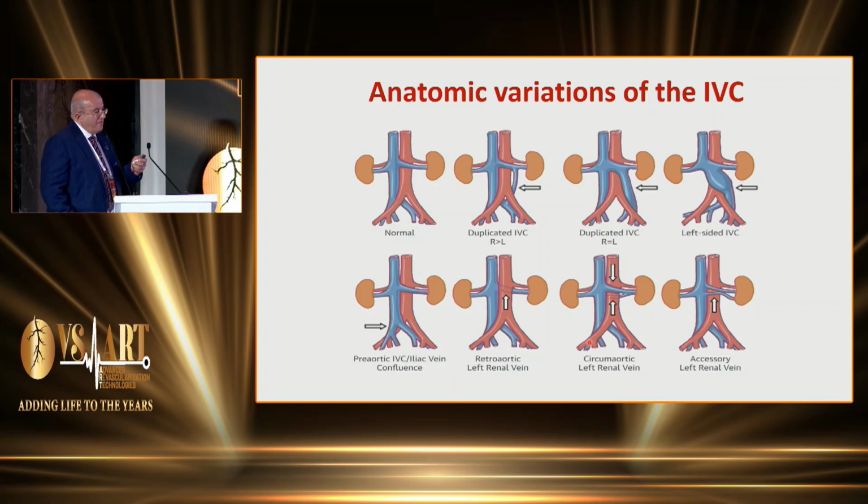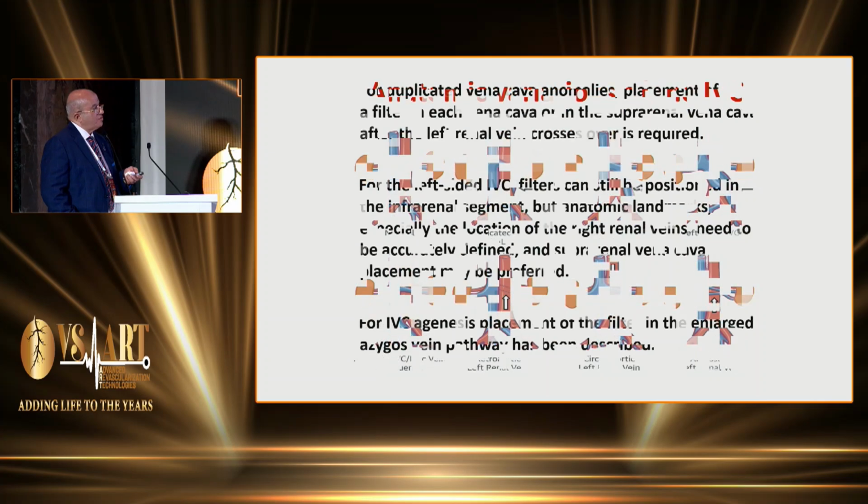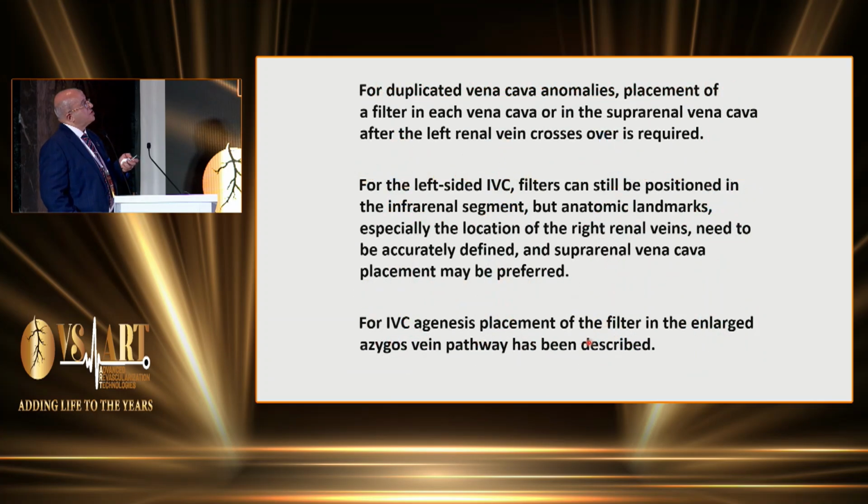It is very important to know the anomalies, so we must do venography before we insert our filter to put it in the right position. For duplicated vena cava anomalies, placement of the filter in each vena cava, or in the suprarenal vena cava after the left renal vein crosses over, is required.